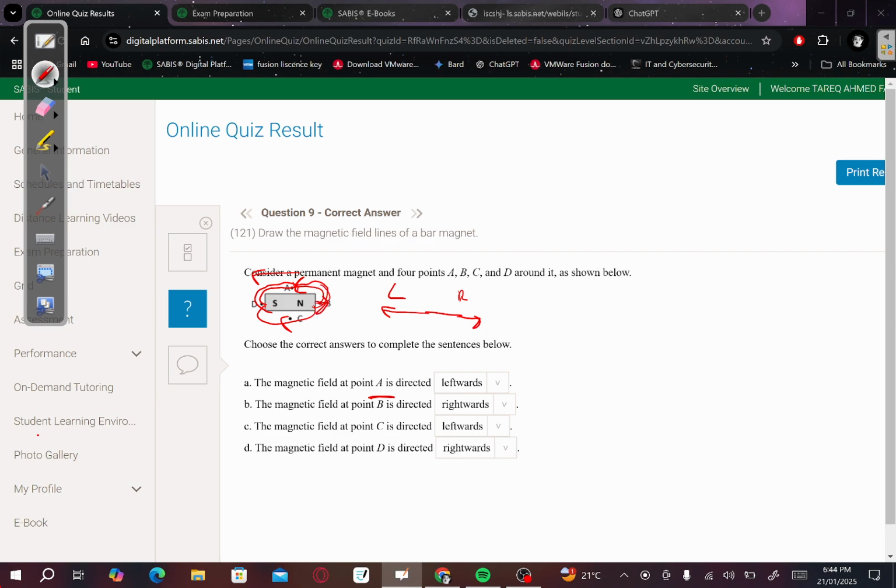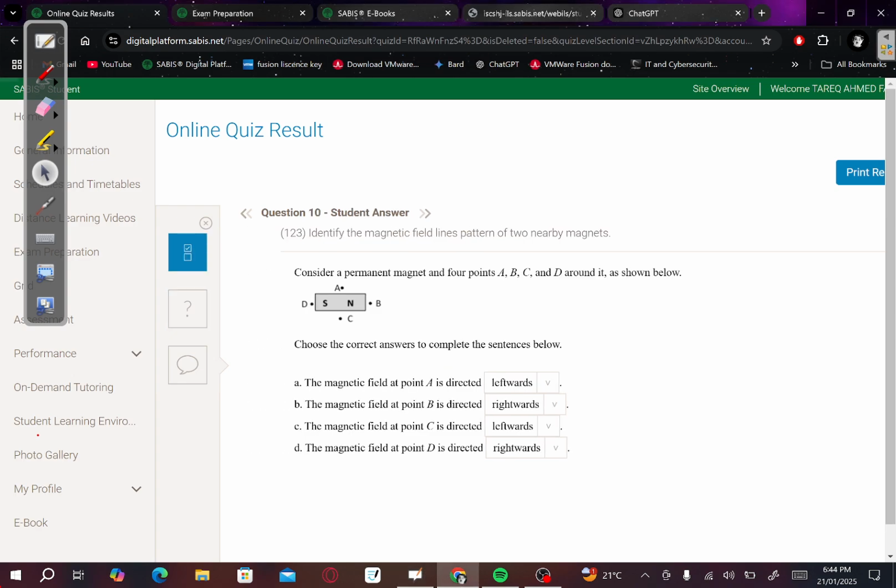But at the point where it is at B, it's going rightwards. C is directed leftwards, as you can see, and D is going into the S, and that inside direction is going right. So A is leftwards, B is rightwards, C is leftwards, and D is rightwards. Question 10.